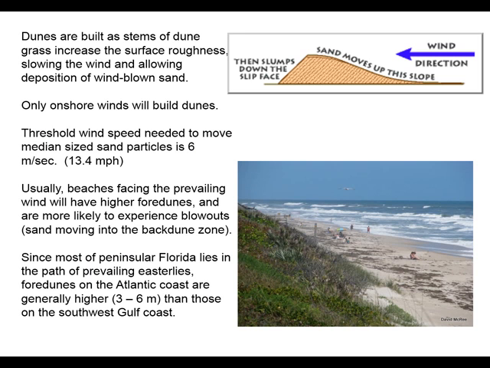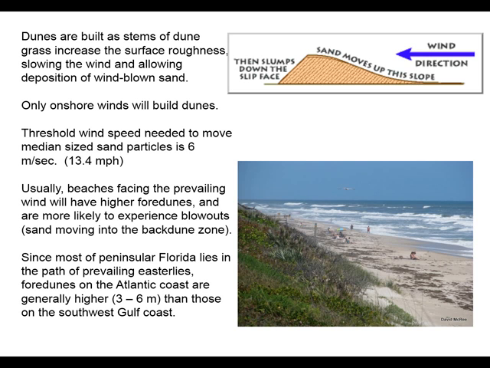You can only build dunes with onshore winds, and thankfully there are strong and fairly consistent onshore winds. There is a threshold wind speed that's needed. That's in the neighborhood of 6 meters per second, which is a little bit over 13 miles per hour, to build dunes on barrier islands.